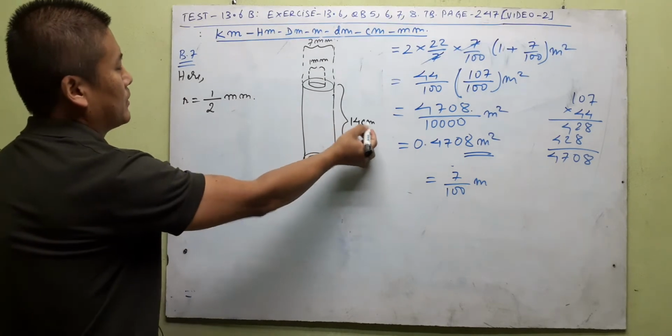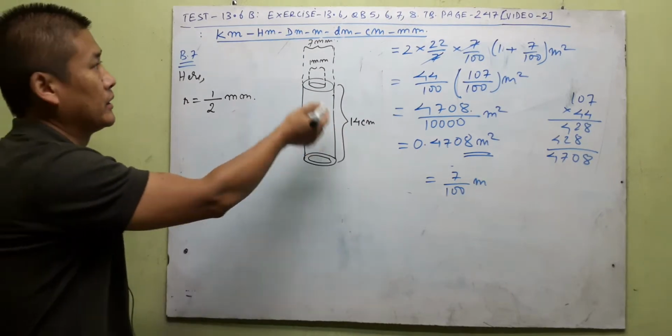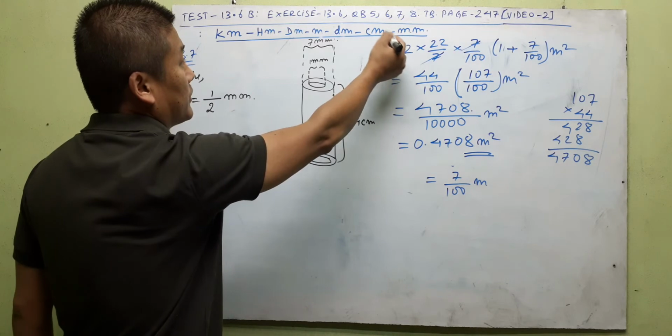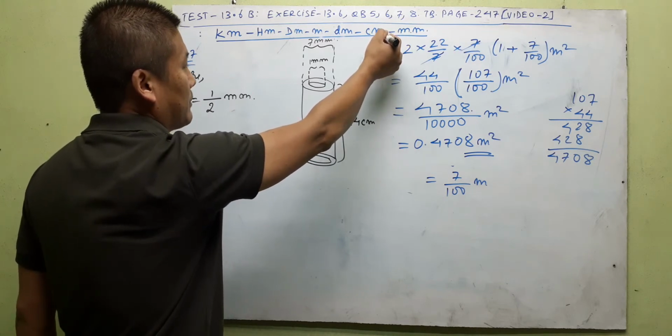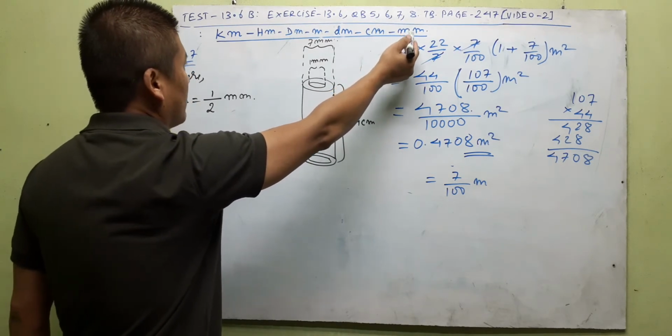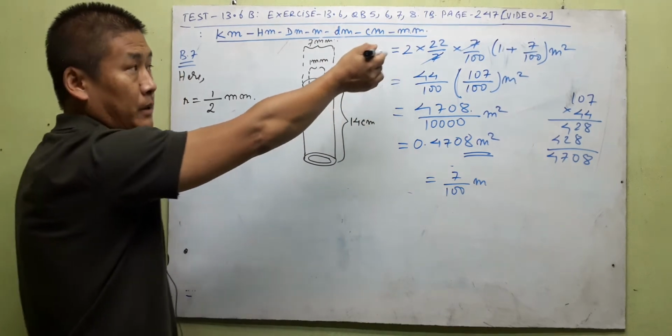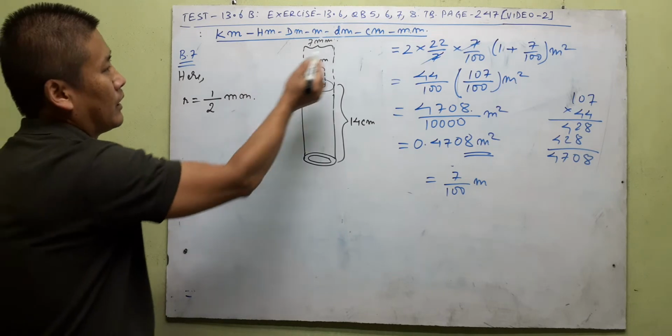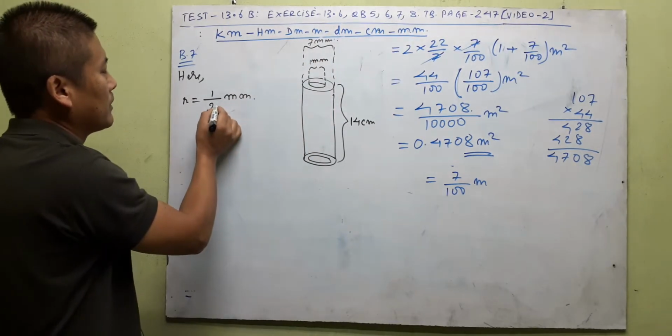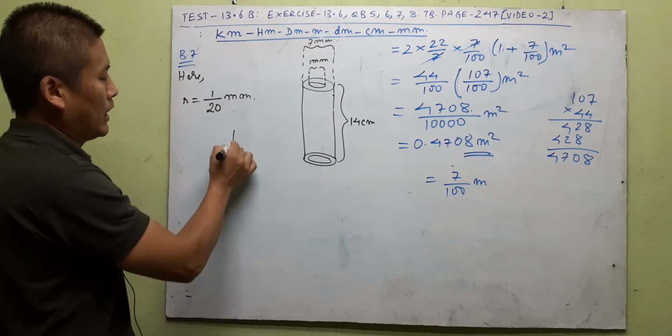Now to match this centimeter, let us change the millimeter to centimeter. So millimeter to centimeter, 1 place left means divide by 10, because you're moving right to left means small to big. Big to small multiply, small to big divide. So divide by 10 means this will become 1 by 2.